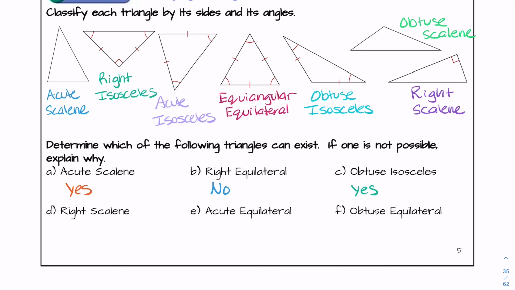Right scalene is a yes. Acute equilateral. Yeah, it can. We don't really refer to it that way, but we are normally more specific.